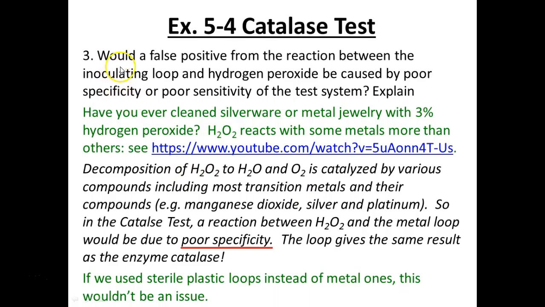Would a false positive reaction between the inoculating loop and the hydrogen peroxide be caused by poor specificity or poor sensitivity? The problem here is if you did this test wrong, if you put hydrogen peroxide on your slide first and then use the metal loop to add your bacteria to the hydrogen peroxide, you could get bubbling from the metal making contact with the hydrogen peroxide.